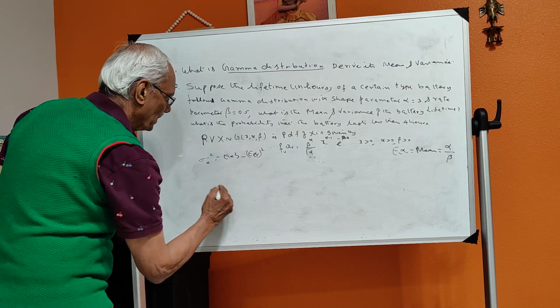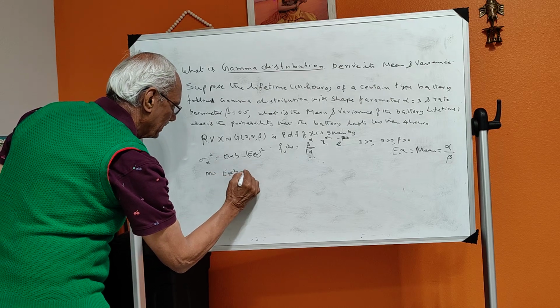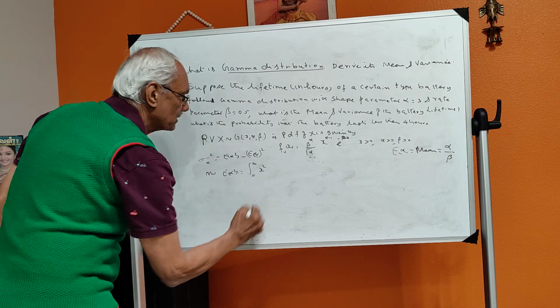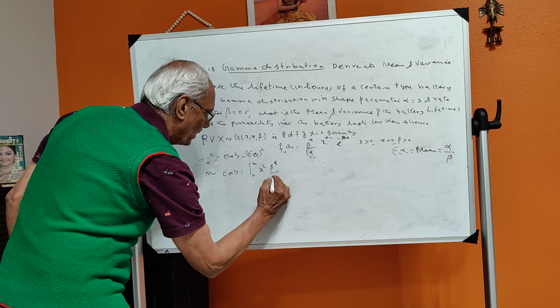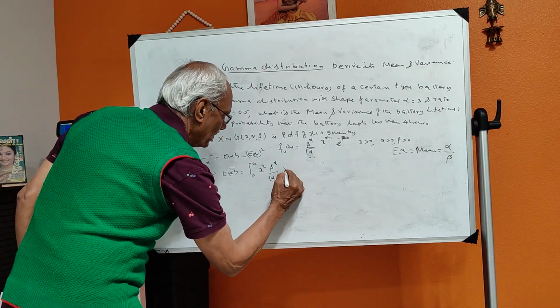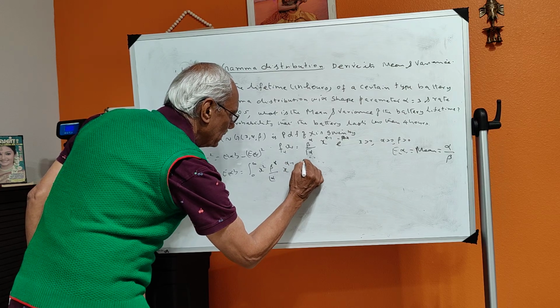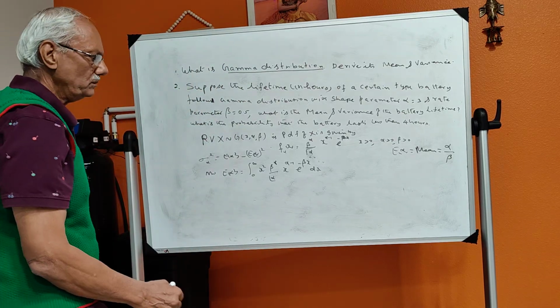Now, E of x squared is equal to the integral from 0 to infinity of x squared into beta to the power of alpha divided by gamma of alpha into x to the power of alpha minus 1 into e to the power of minus beta x into dx.